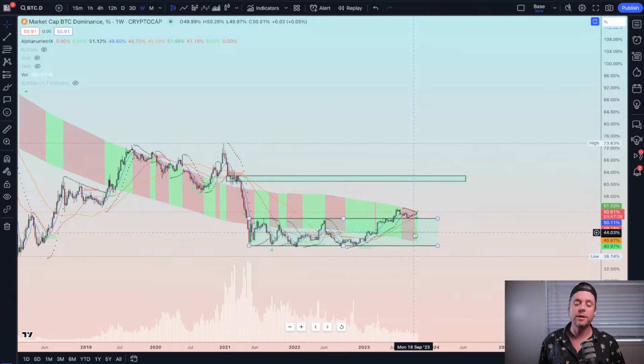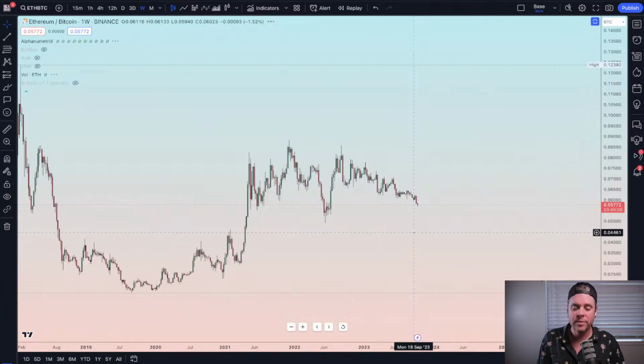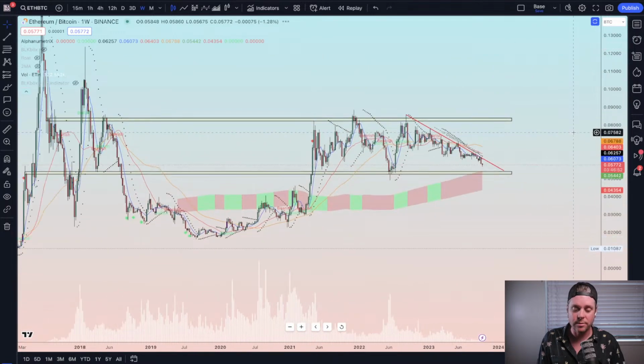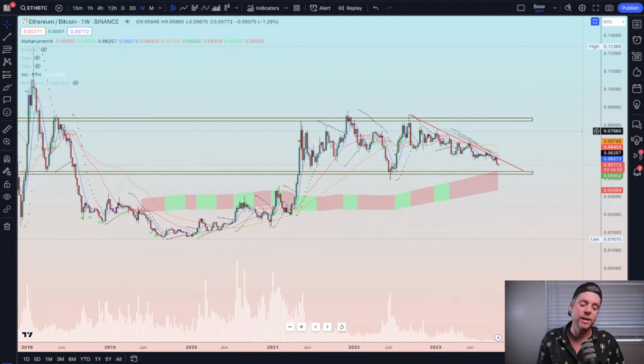It's hard enough to price Bitcoin based off of the fundamentals. So trying to attach fundamentals to the altcoins is usually attached to the performance of Bitcoin, and Bitcoin's not ready to roll.